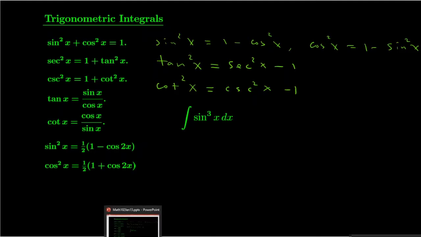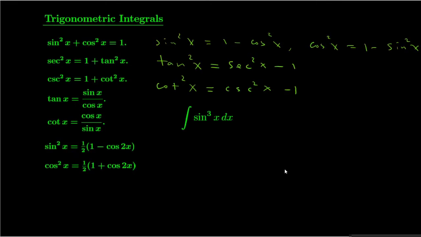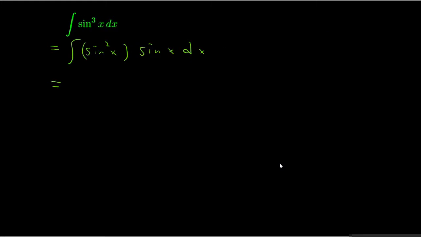We'll see what's going to happen in the next integral. Now we use the trig identity, we write that factor as 1 minus cos of x, the whole thing squared, and then sine of x, and then dx.